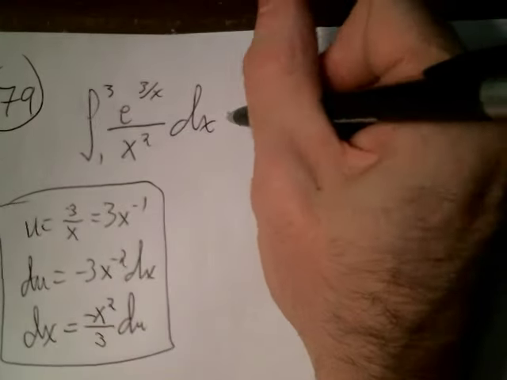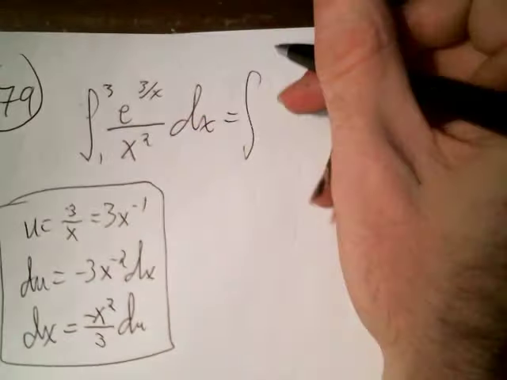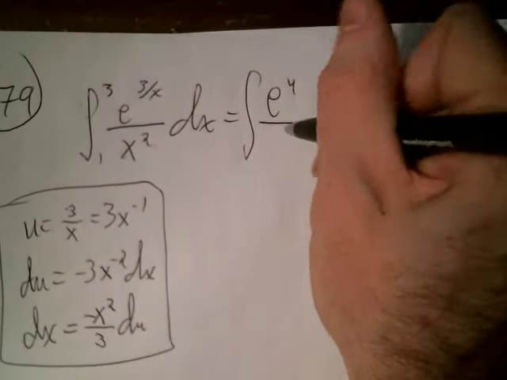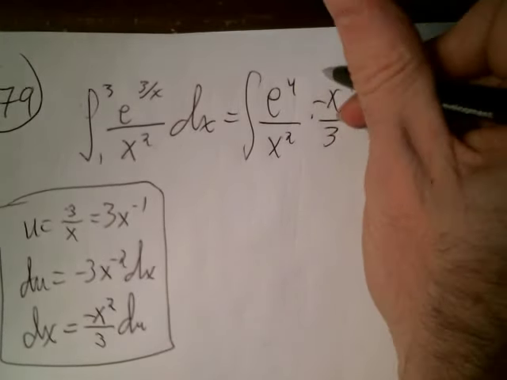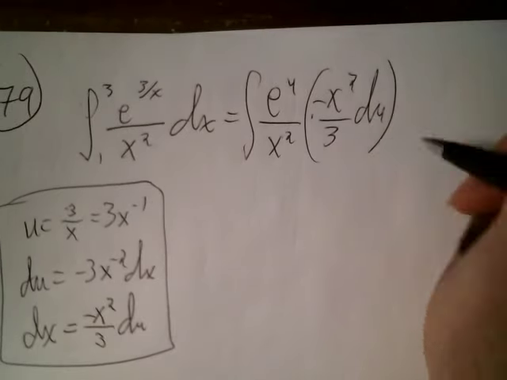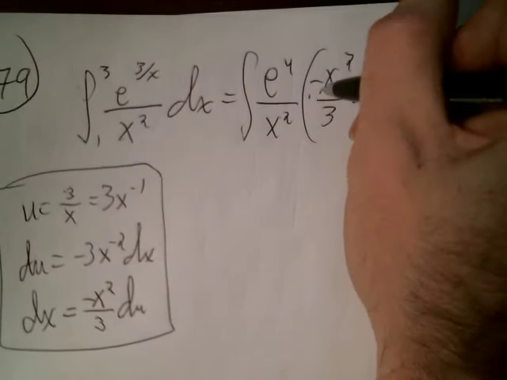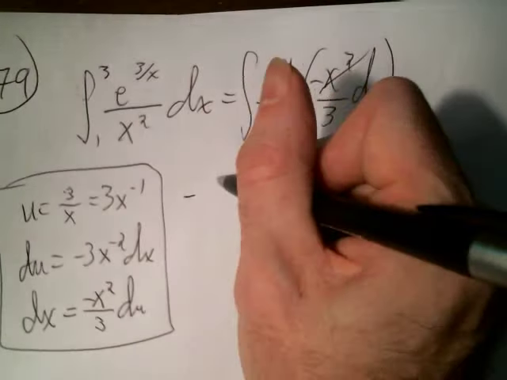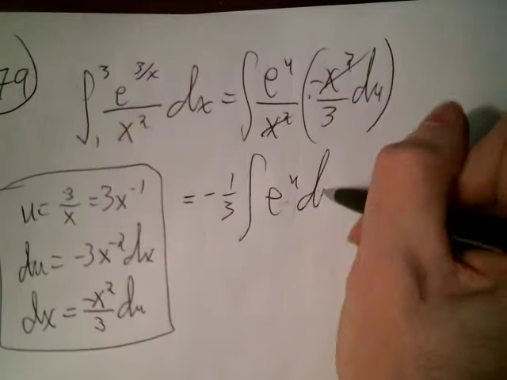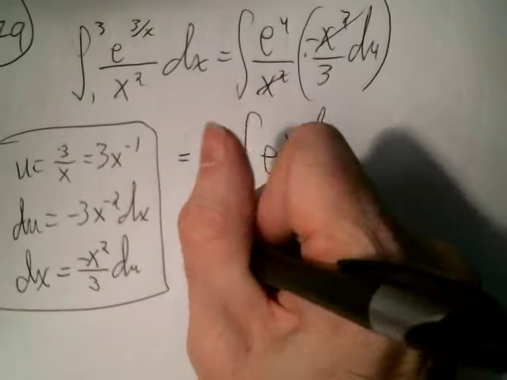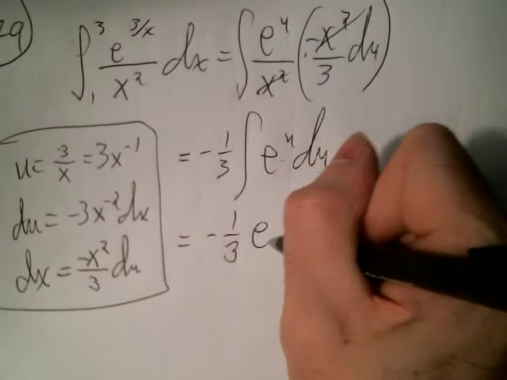So I do my substitutions. I'm going to drop the limits. I'll have e to the u all over x squared times negative x squared all over 3 du. The x squares cancel. I can factor out a constant of negative 1/3, and then I have the integral of e to the u du. So it's negative 1/3 e to the u.